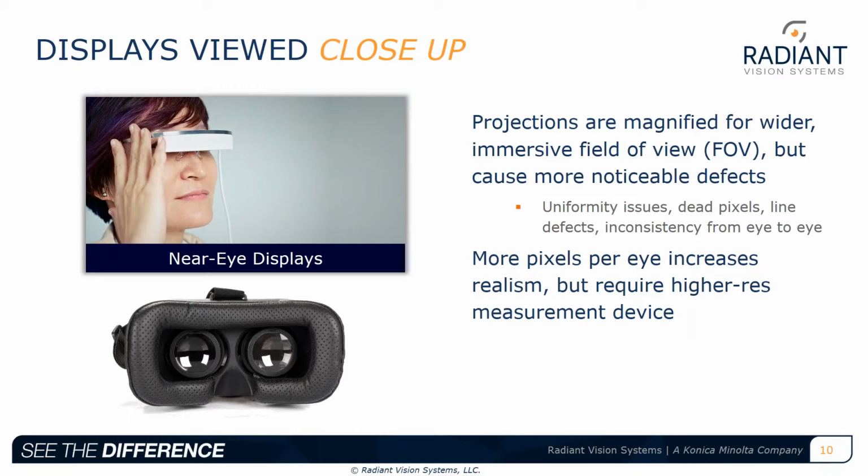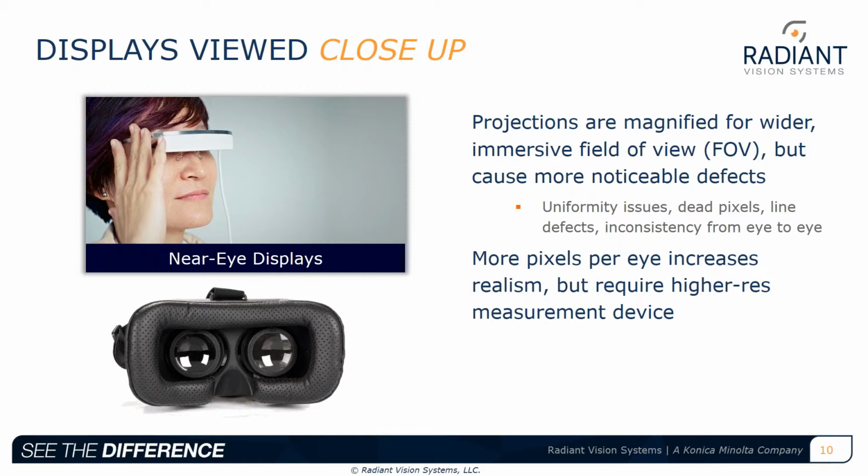A near-to-eye display, by definition, is viewed near to the eye. Any projections delivered into the eye are going to be magnified with a very wide field of view, and any defects that are apparent on a display for a wide field of view device tend to be quite noticeable.